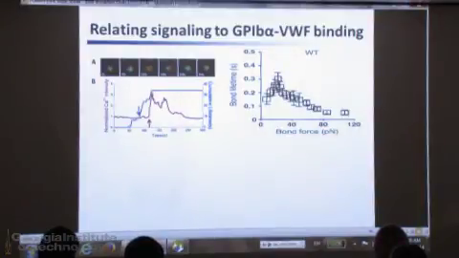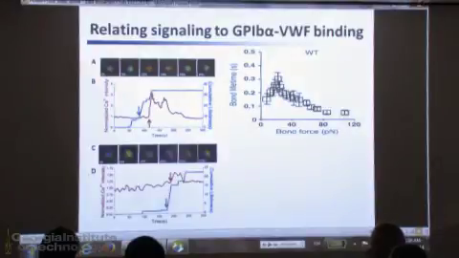There were bleeding disorders called von Willebrand disease with mutations in von Willebrand factor. Patients with those diseases have a longer bleeding time. And if you use a mutant von Willebrand factor A1 domain that was found in patients with the bleeding disorder von Willebrand disease, you see different kinds of signals.